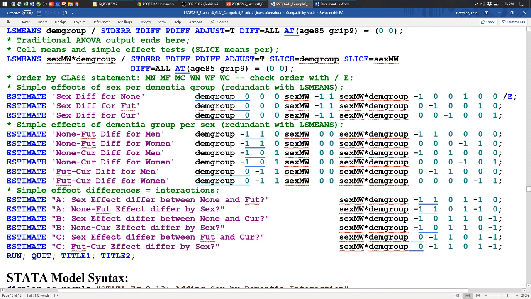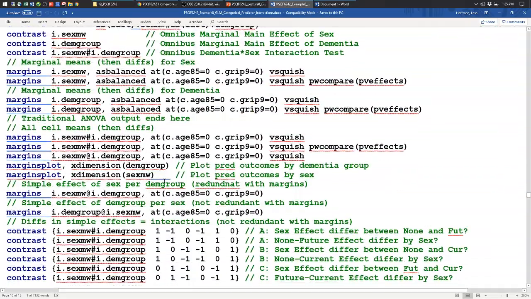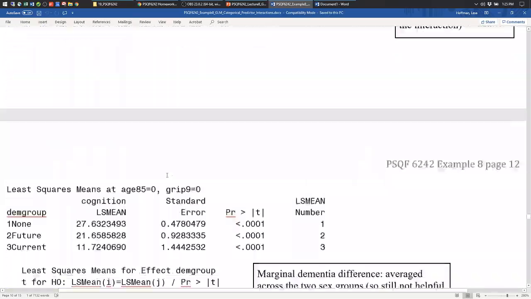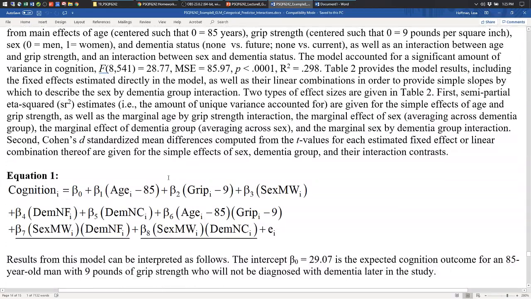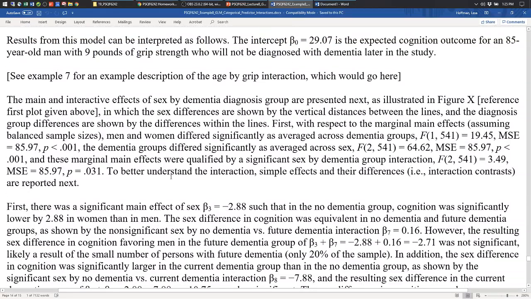People don't know that, but you will. So there is a reason why I didn't give you the class statement, because I want you to think in terms of models and not marginal main effects. And as always, words. So here's some words for all of that.